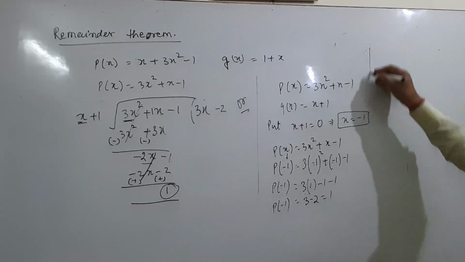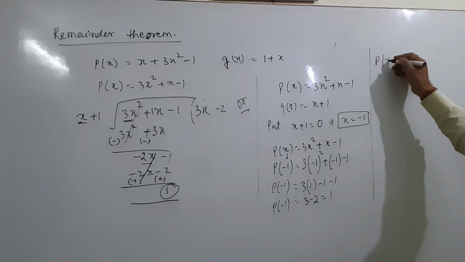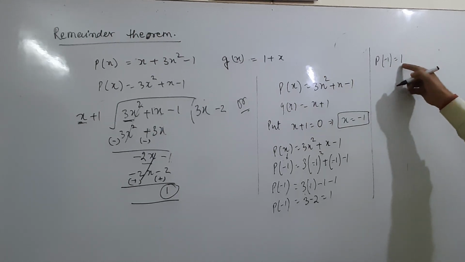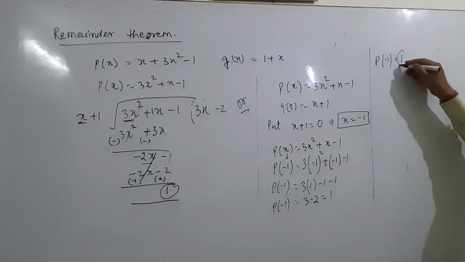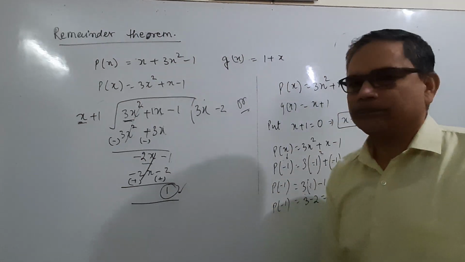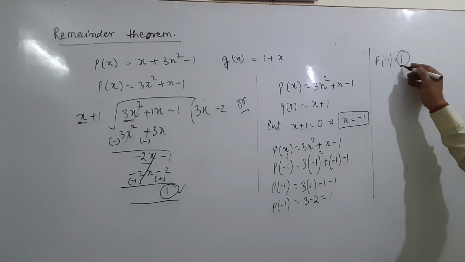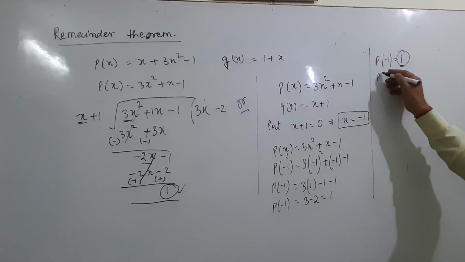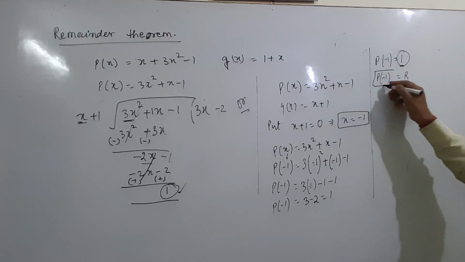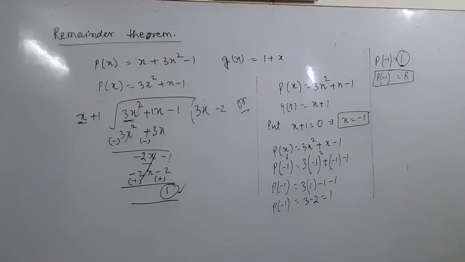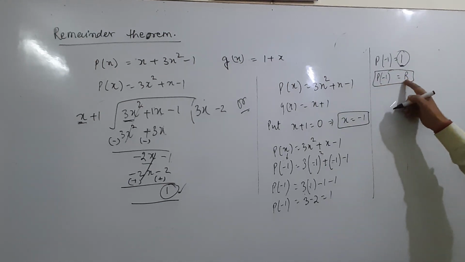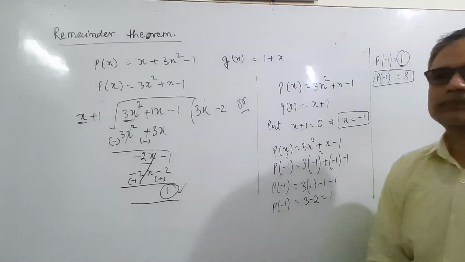So we can say that p(minus 1) is equal to 1. This 1 and this 1 are the same. It means this 1 is the remainder, or we can say the remainder is p(minus 1). P(minus 1) is the remainder which is equal to 1.